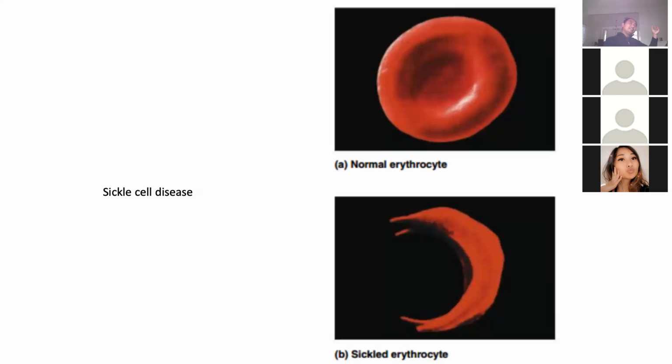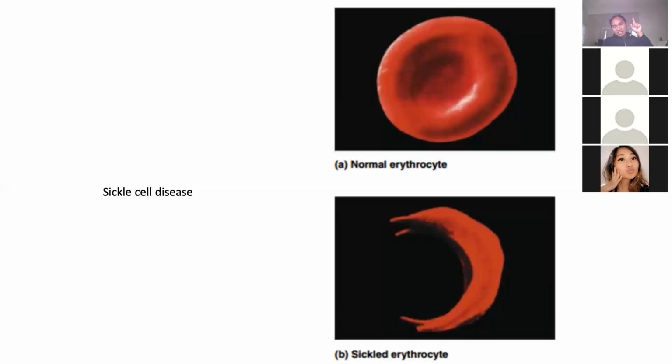So sickle cell disease is because the problem is in the hemoglobin. Hemoglobin changes: instead of glutamine, one of the amino acids, there is valine.